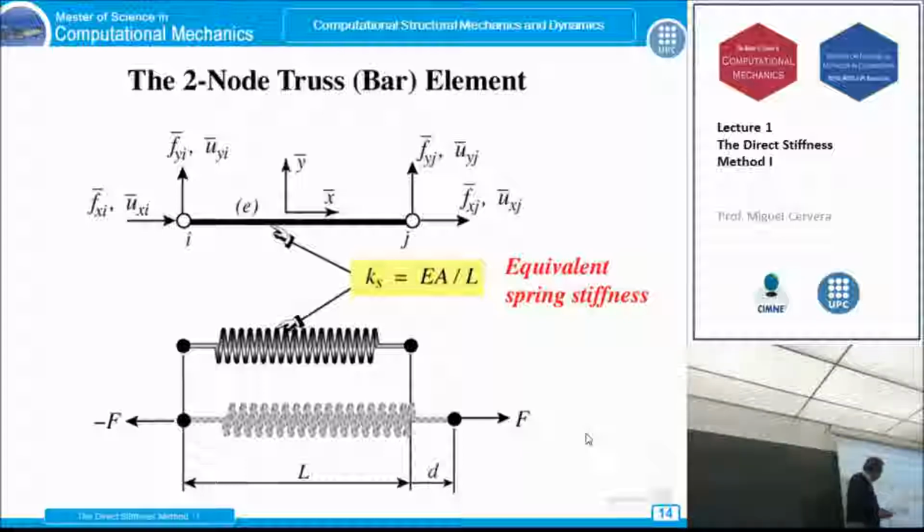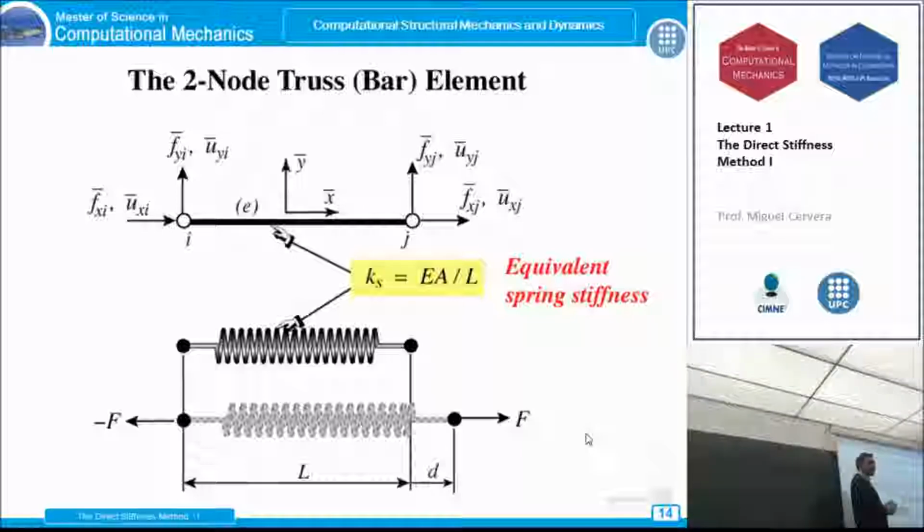Now, here is a spring. Okay? A spring has one force F at this end and the opposite force F at the other end. And it is in equilibrium. Okay? And because it is not breaking, it has an elongation D. Okay?